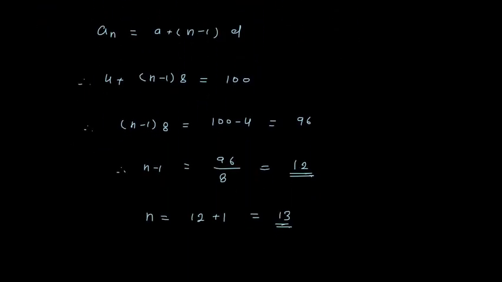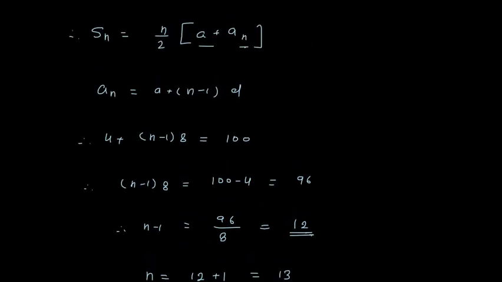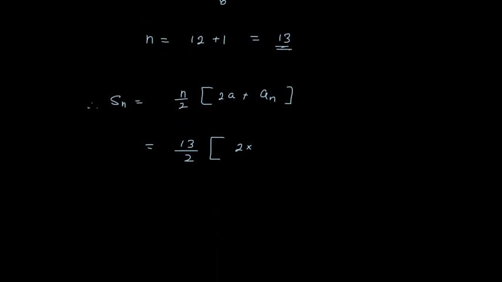Now we have the value of n, so I will apply the formula Sn. Sn is equal to n divided by 2 into 2a plus an. So n is 13 divided by 2, 2 into the value of a, which is 4, plus an, which is 100.